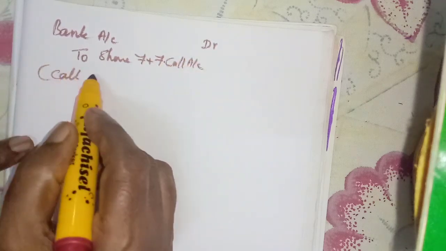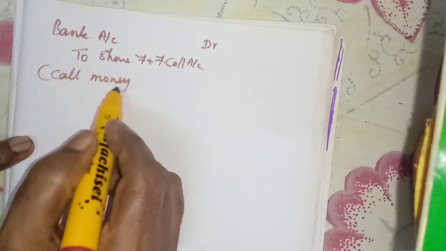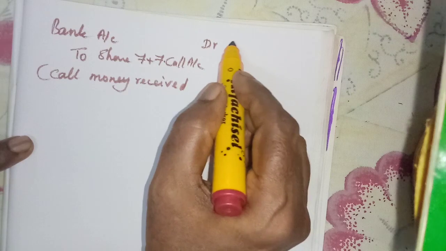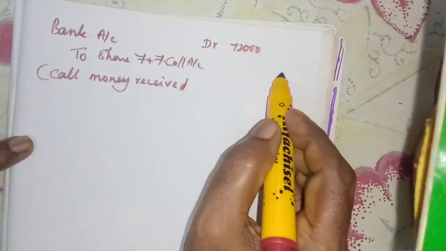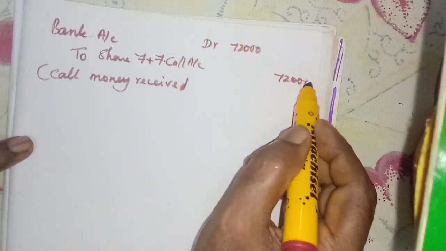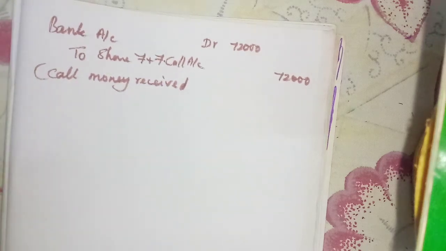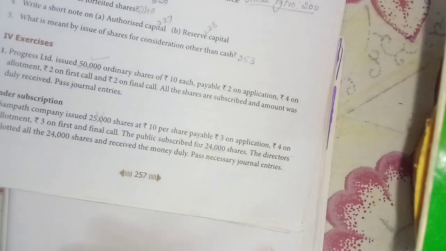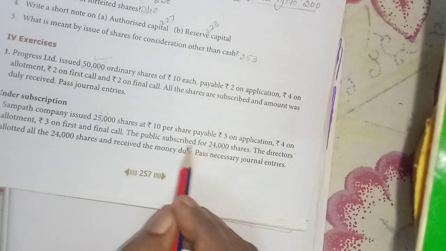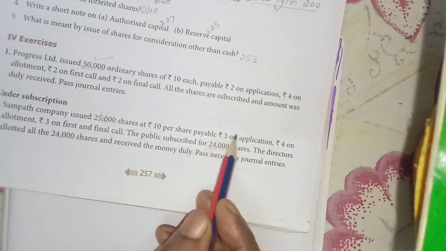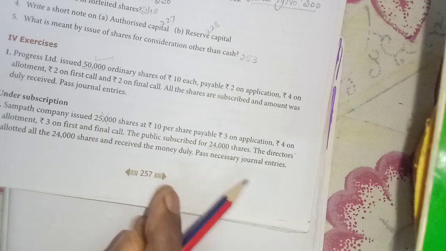Call money received, 72,000. Very easy one. For under subscription, you have to remember that we have to take the subscribed shares. Only this one you have to remember. Under subscription, only 24,000 we have to take and multiply, not 25,000.